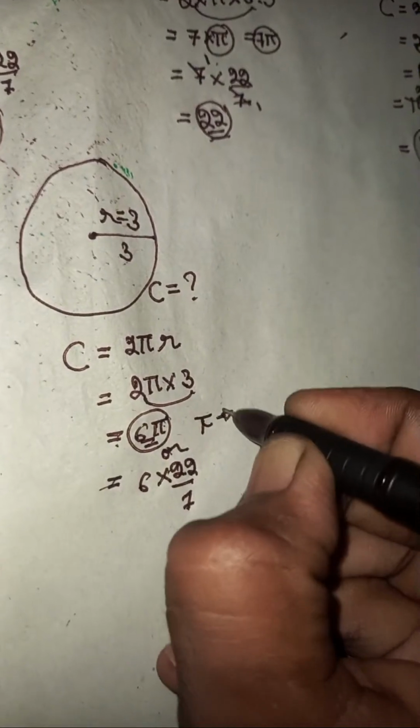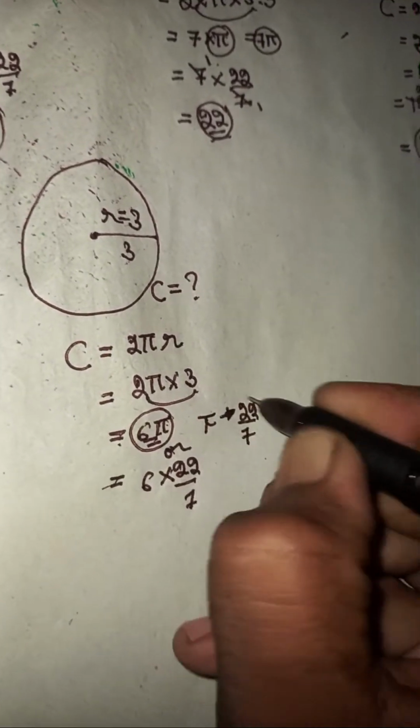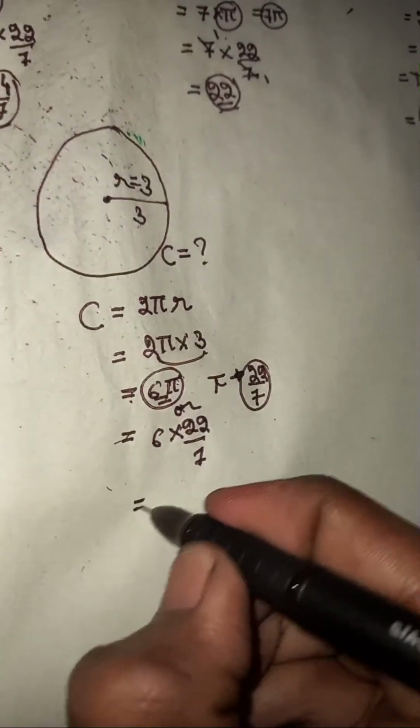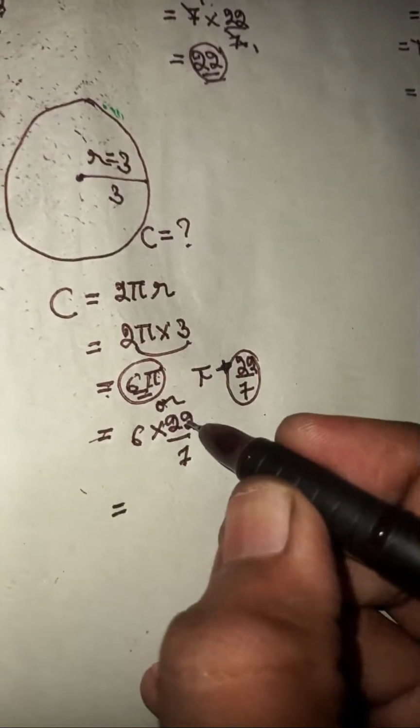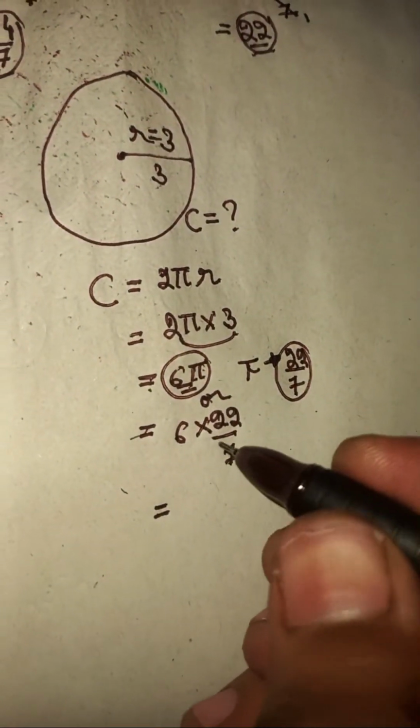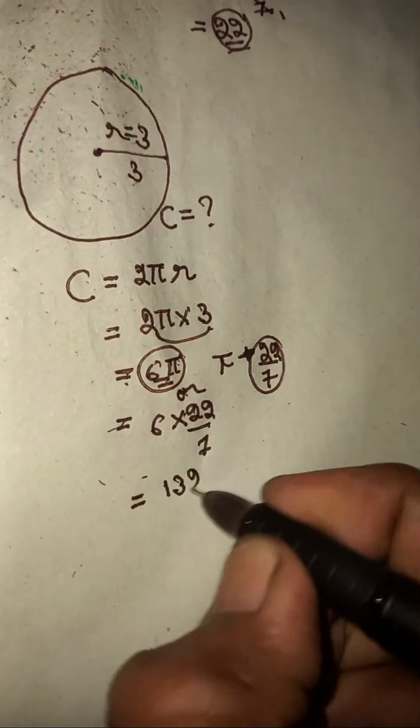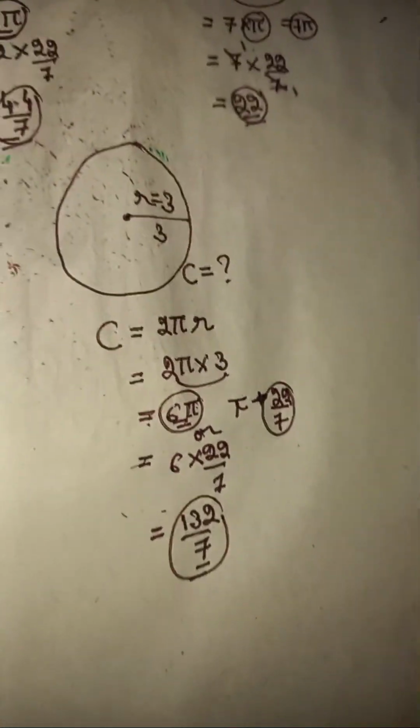That's the value of pi, 22 by 7. Now multiply 6 times 22. 6 times 20 is 120. 6 times 2 is 12. 12 plus 120, that is 132 by 7.